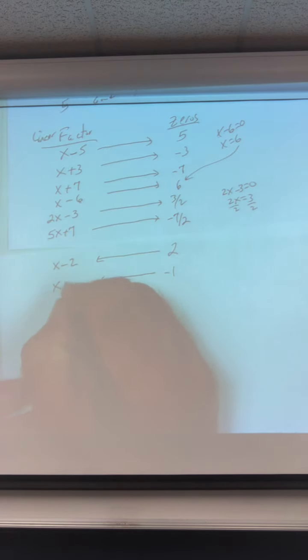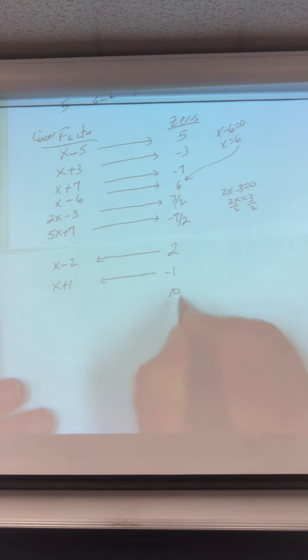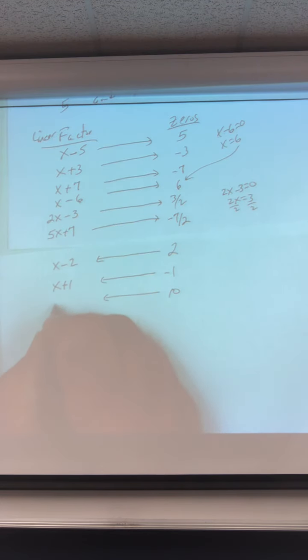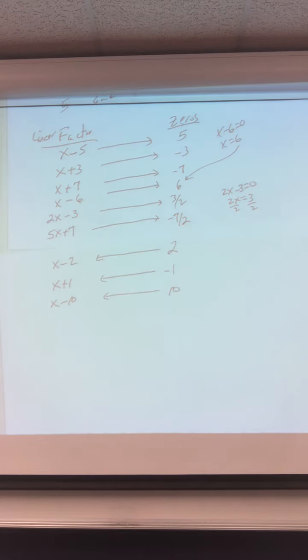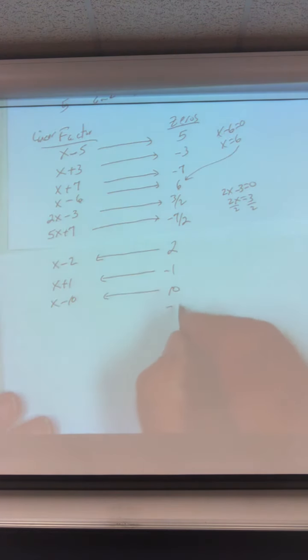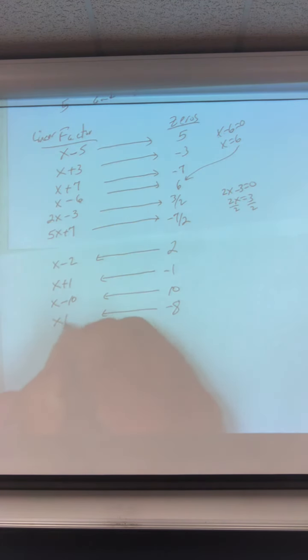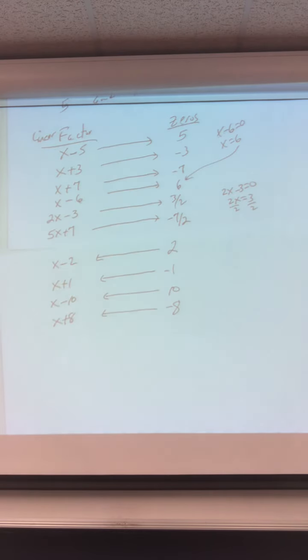Yes. X plus 1. If 10 is a 0, the factor that would go with it would be x minus 10. If negative 8 is a 0, x plus 8 would be the linear factor.